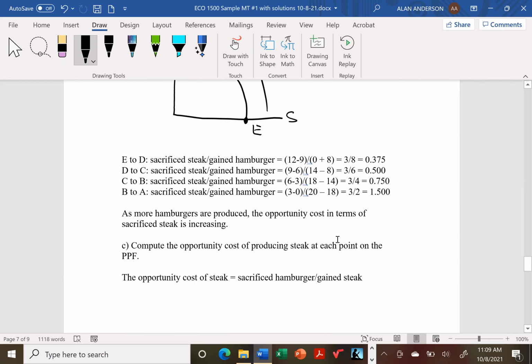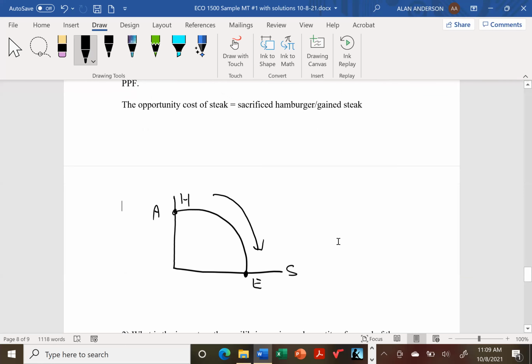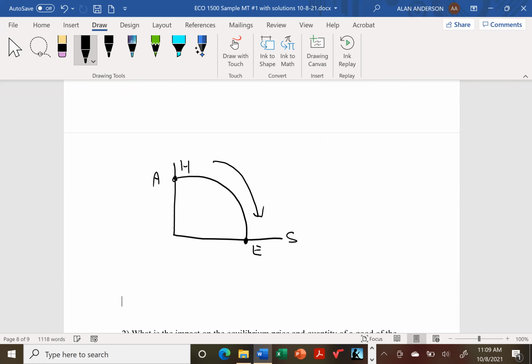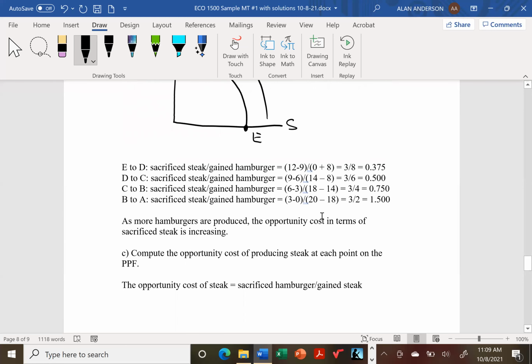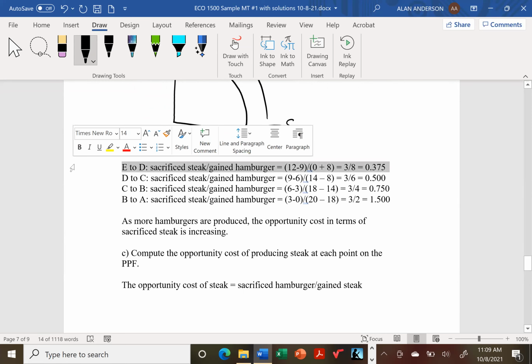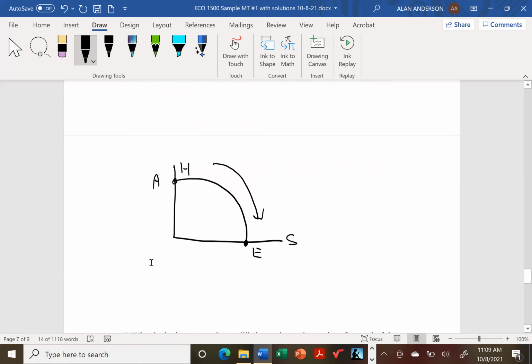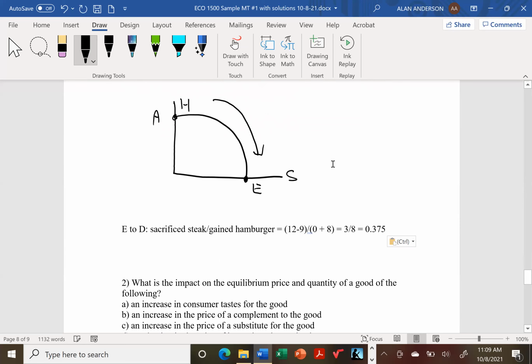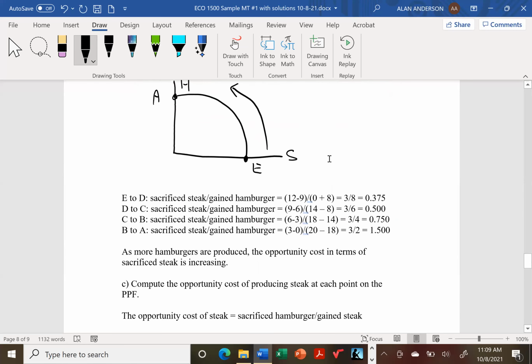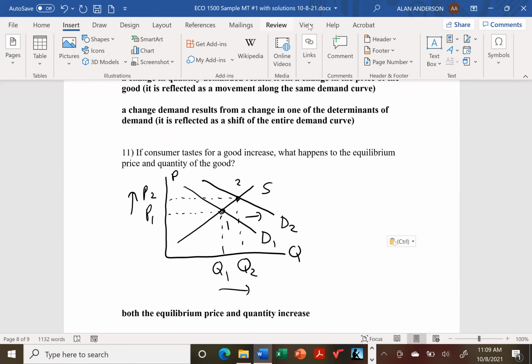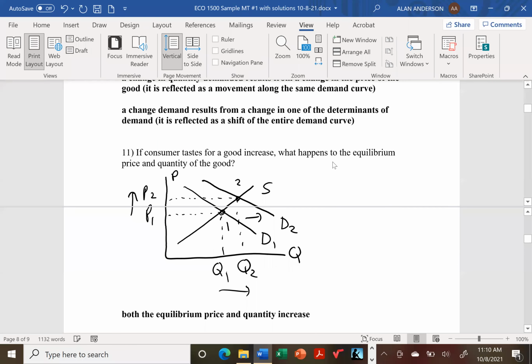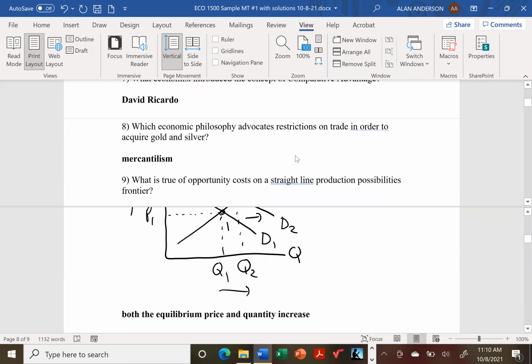the opportunity cost of steak is the sacrificed hamburger or the gained steak. So now, as we're going down the list, we'll start at A. So we'll do what we did here. In fact, I'm going to steal this one and then edit it. But in the meantime, I don't know what happened to the split. I need that chart to be visible to me at all times.